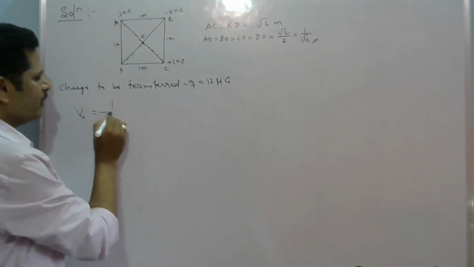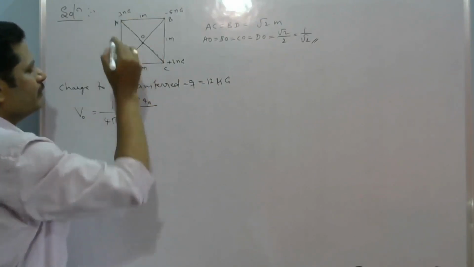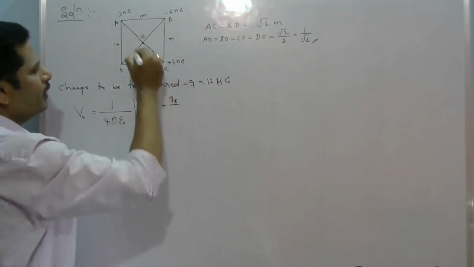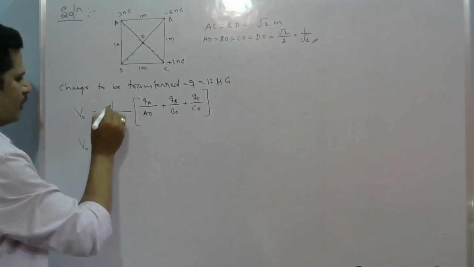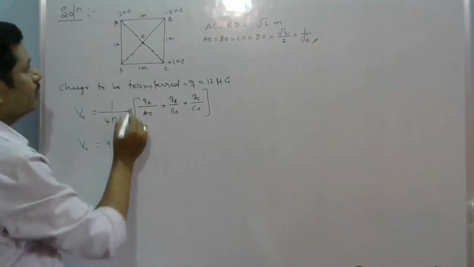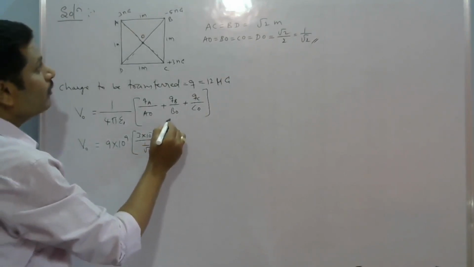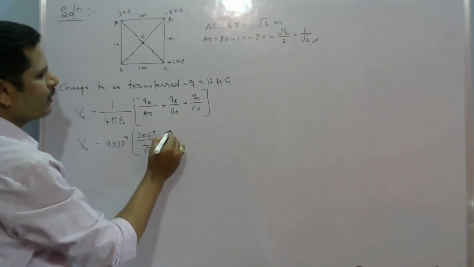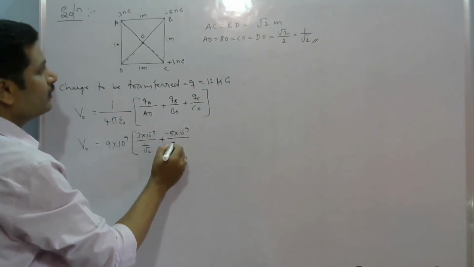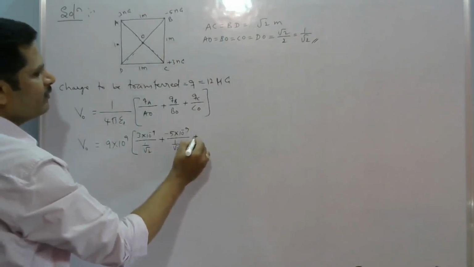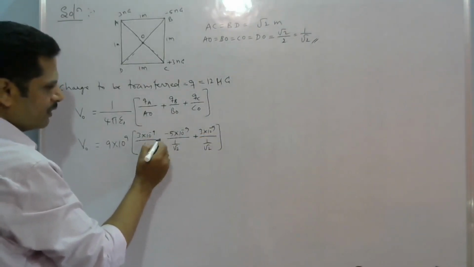We can write V_O equals 1 by 4 pi epsilon naught times the charge placed at A divided by the distance of the point of consideration from A, which is AO, plus QB divided by BO plus QC divided by CO. On substituting the values, 1 by 4 pi epsilon naught is 9 into 10 raised to 9, and QA equals 3 nanocoulomb divided by AO, which is 1 by root 2, plus QB equals minus 5 into 10 raised to minus 9 divided by 1 by root 2 because BO equals 1 by root 2, plus QC equals 3 into 10 raised to minus 9 divided by 1 by root 2.